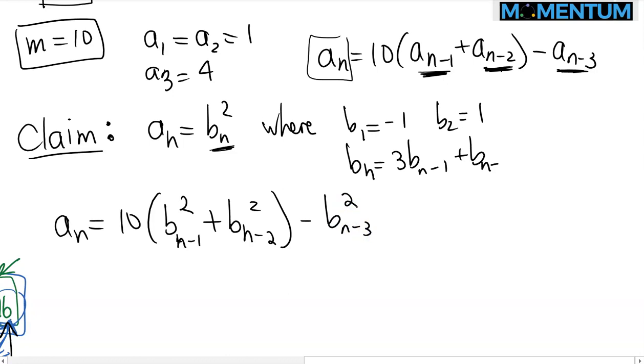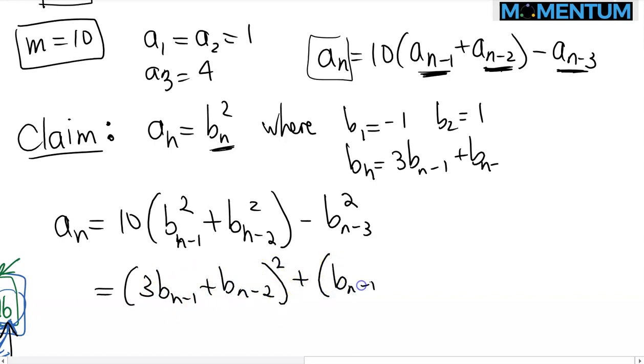And now the trick is pretty much along the same lines that we did earlier. If you work this out, you will see that this is just 3b sub n minus 1 plus b sub n minus 2 squared plus b sub n minus 1 minus 3b sub n minus 2 squared, and I still need that b sub n minus 3 squared term.